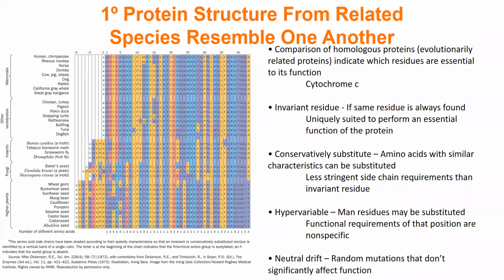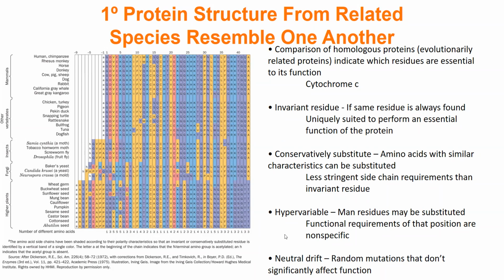We were looking at protein sequences, lining up the same protein from different organisms, lining up their primary sequence and seeing what amino acids are invariant, that is, they never mutate, which means they're super important. Which ones are conserved, that is, amino acids that can mutate, but have the same characteristics, and which ones are hypervariable due to neutral drift.